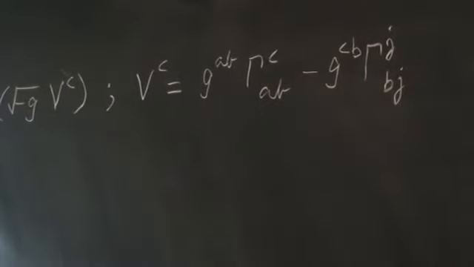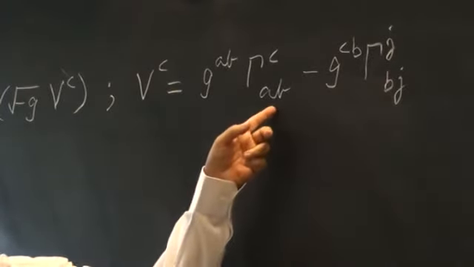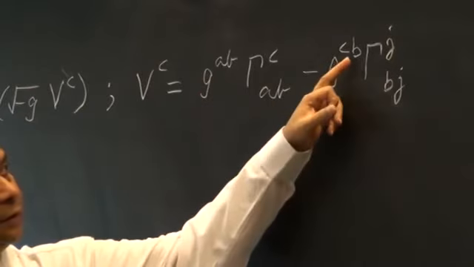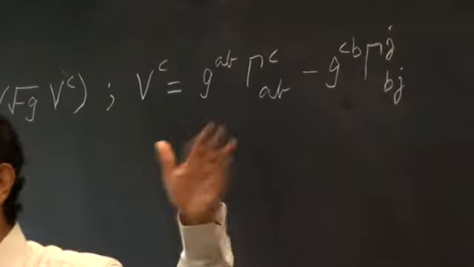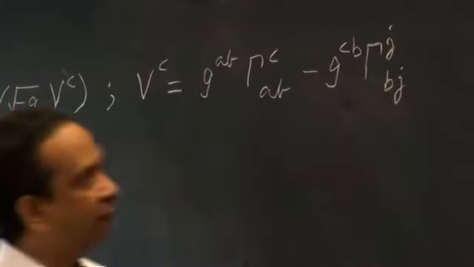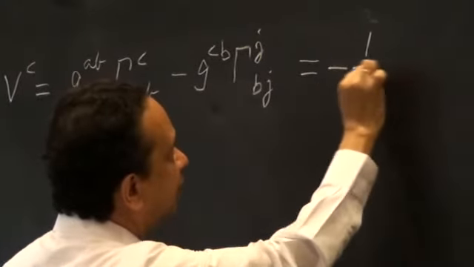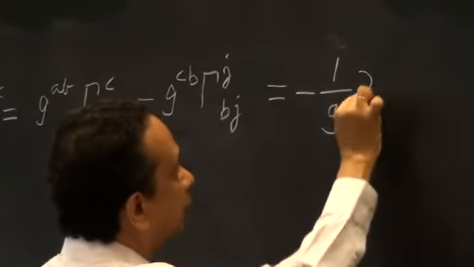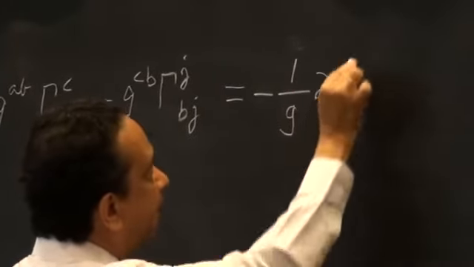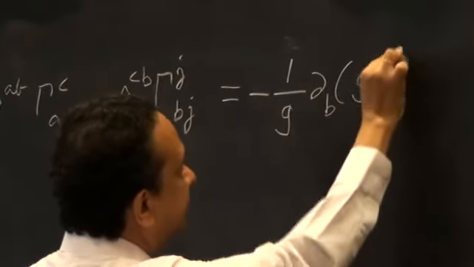Okay. Again, if you remember your tensor analysis, you know that there are expressions for g^{ab} contracted with gamma and this contracted with one index in terms of derivatives of the matrix. If you use all of them, this will turn out to be minus 1 by g, not root g, d_b of g g^{bc}.